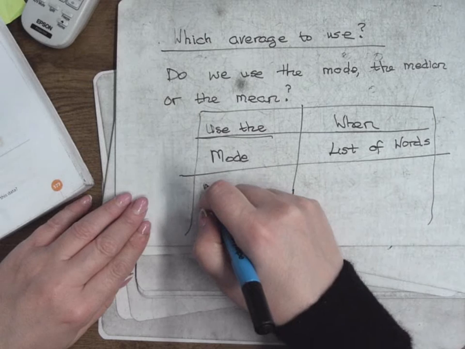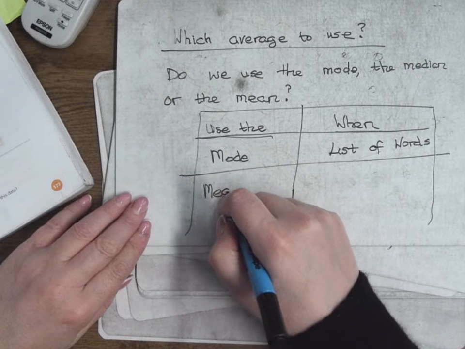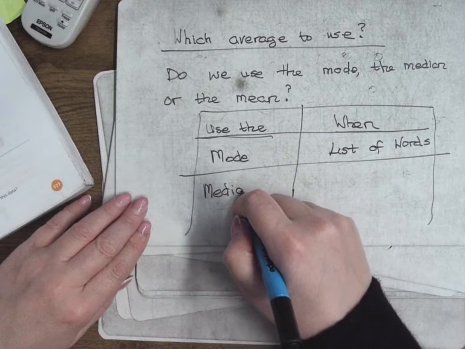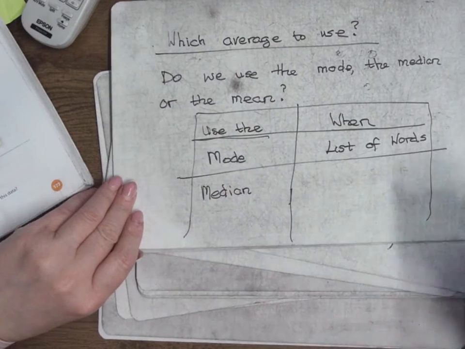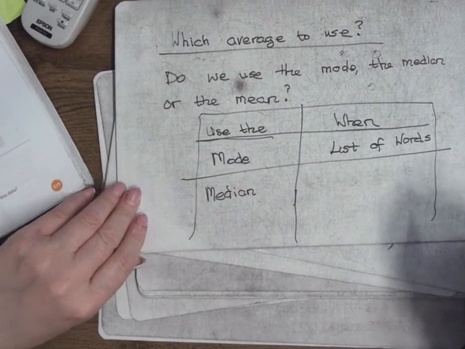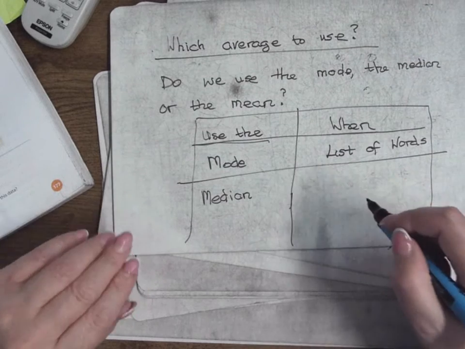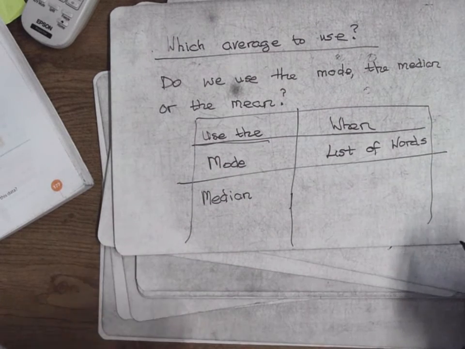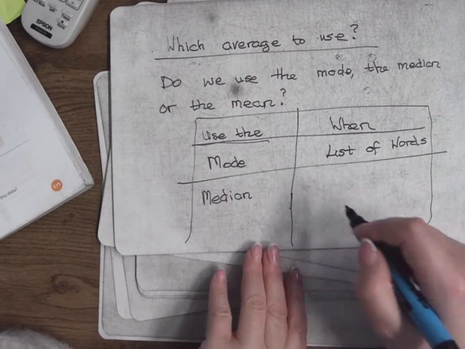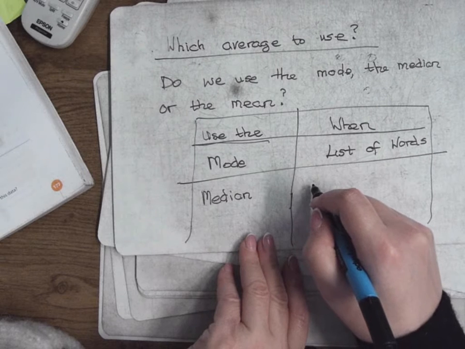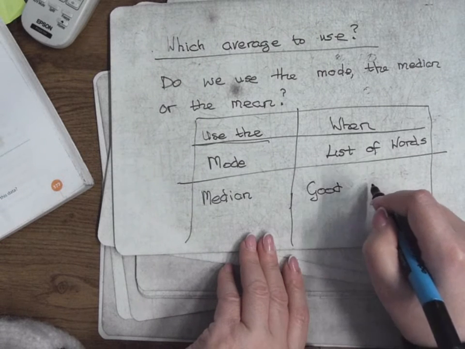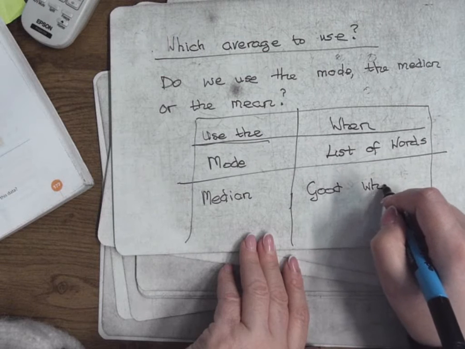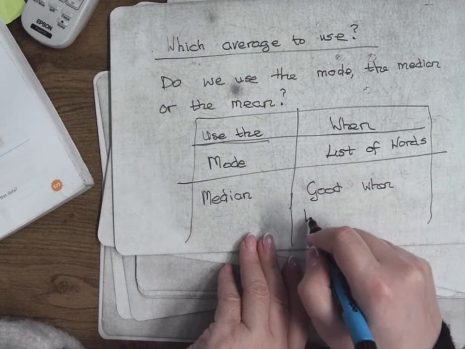Right, okay, the median. The median is when you put the list in order and you get the middle number. I'm going to tell you, you can use the median anytime you want, but it's especially good when there are outliers. What the hell does that mean? I'll tell you in a minute.